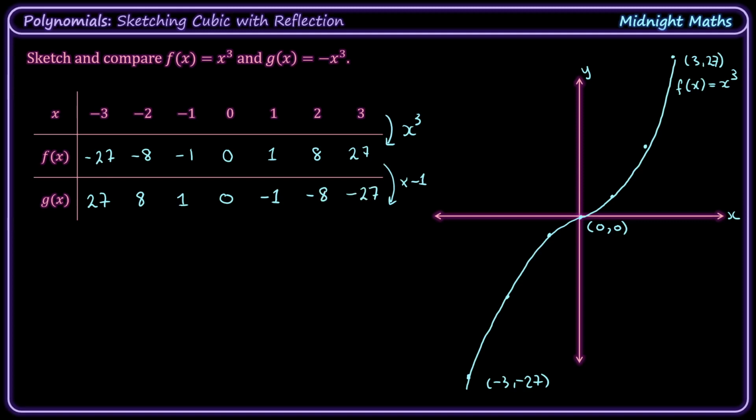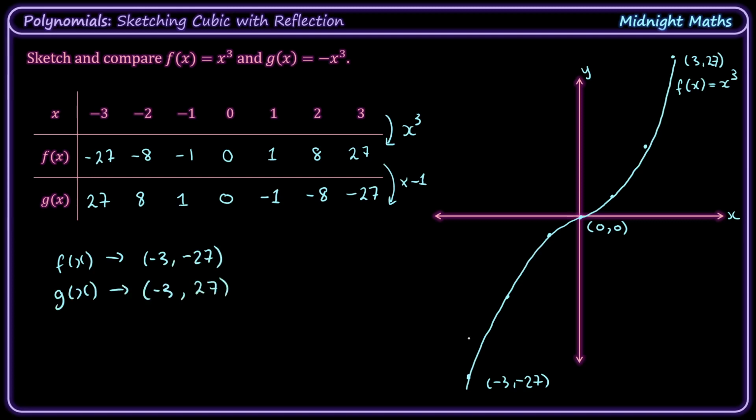Now let's have a look at how these coordinates end up. For the very first one on the left, for f of x, we had negative 3, negative 27. But for g of x, we still have negative 3, but it's turned into positive 27.